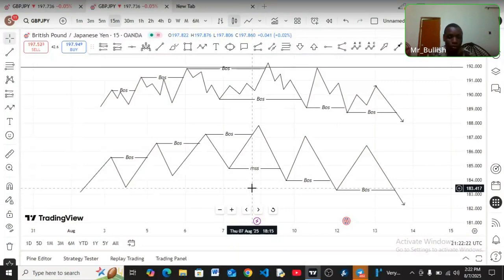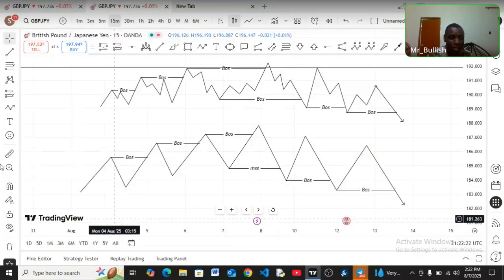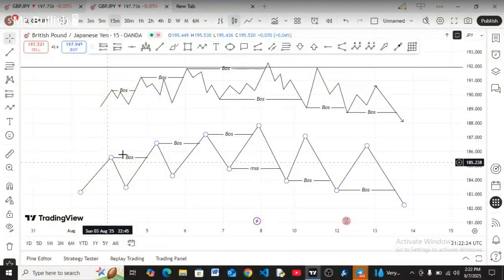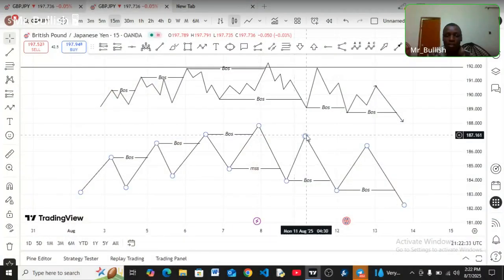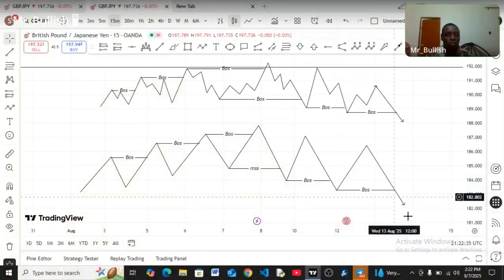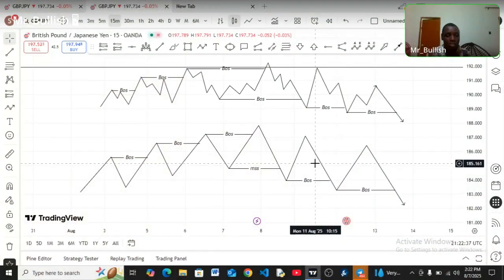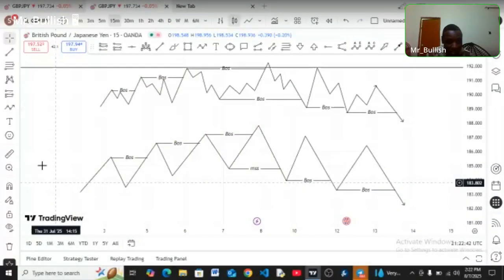So what we have here is the market was trending to the upside from here. It got to this point, it broke structure to the downside, and what happened? It began trading down. So this is the external view of market structure.